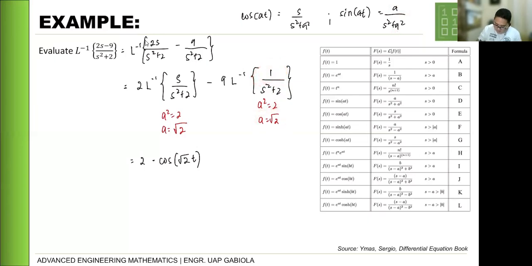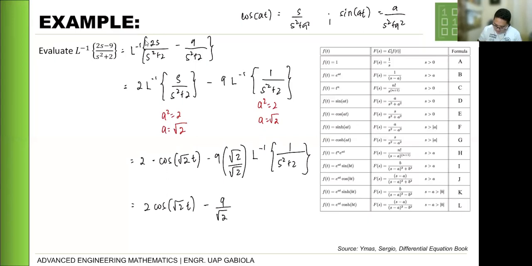So what we will do is, just like the previous example, we multiply a value equivalent to 1 in order to incorporate the needed value in the numerator inside the transformation of the second term. Okay, so we have 2 cosine of square root of 2t minus 9 over square root of 2. And then we will just proceed.